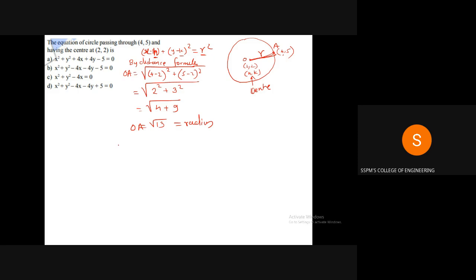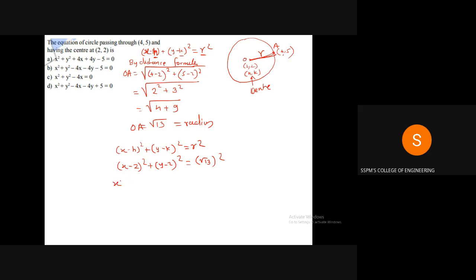The standard form of the equation of a circle is (x − h)² + (y − k)² = r². Therefore, if we put in all these values, we have (x − 2)² + (y − 2)² = (root 13)², and now we will expand this.